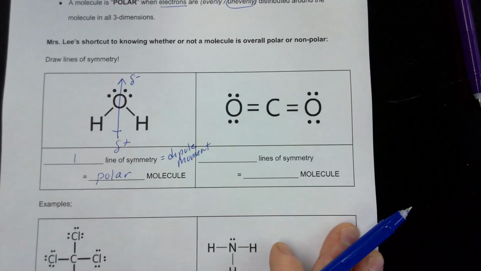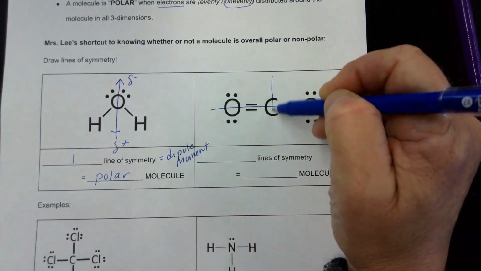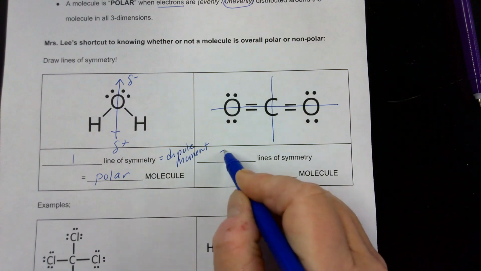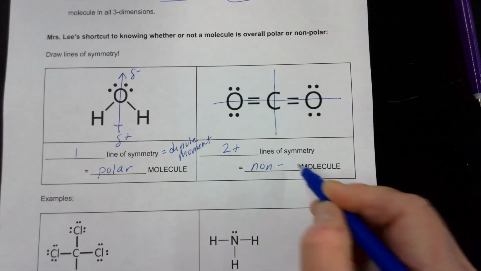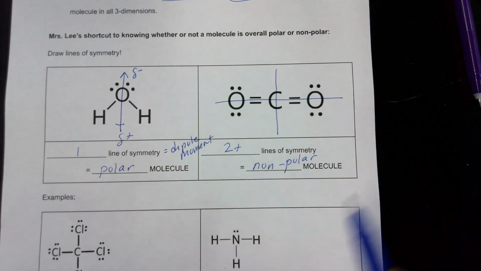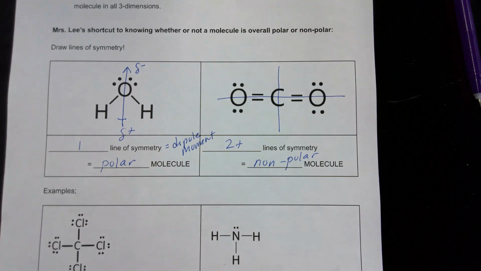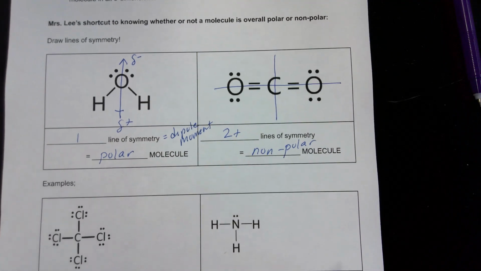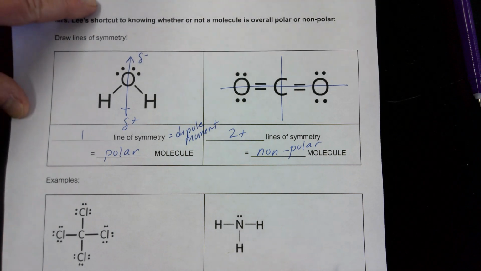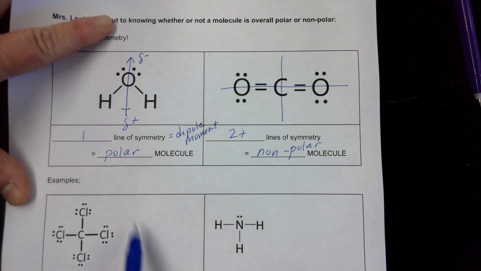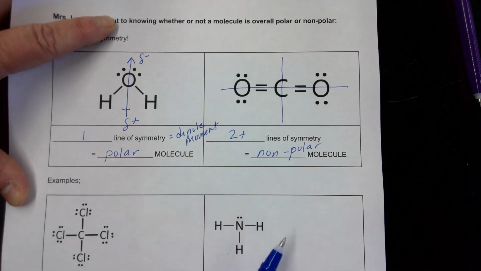Now CO2, if I draw a line here and I draw a line here, as soon as you get two or more lines of symmetry, that's going to tell you that you have a nonpolar molecule. Okay, so that is the very shortcut for how to figure out whether or not a molecule is polar or not polar. It's not very helpful in understanding why that is, but it is a shortcut to help you figure it out.